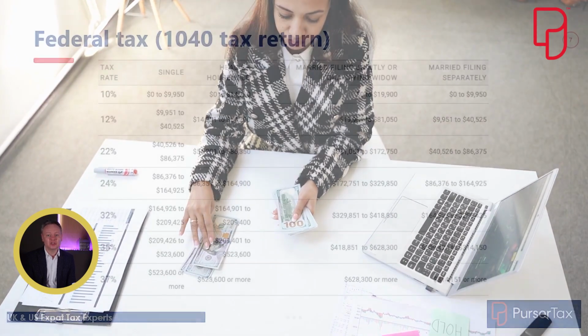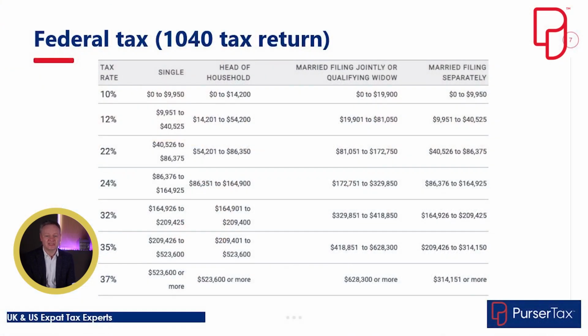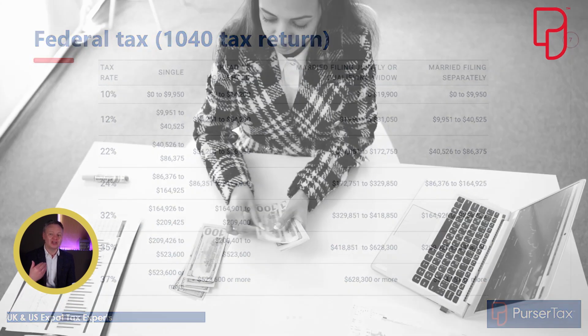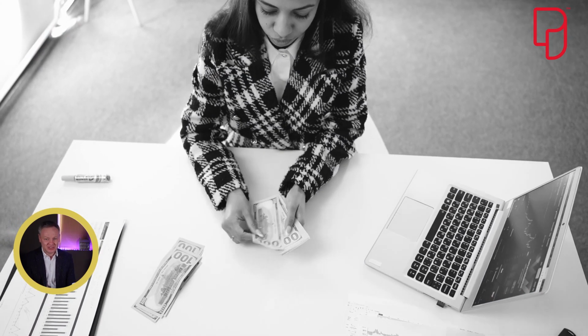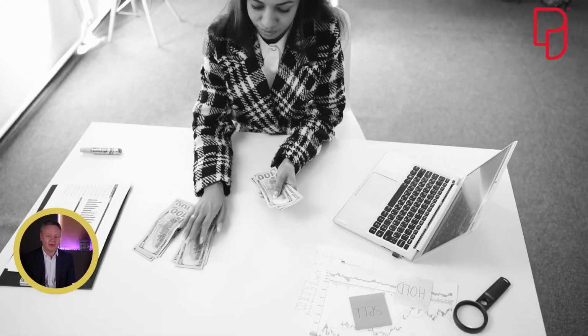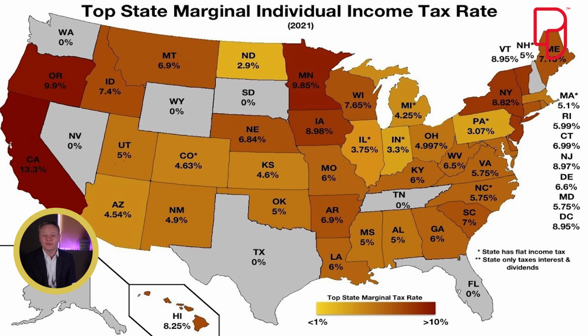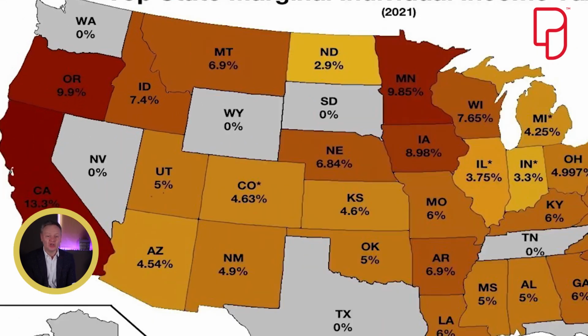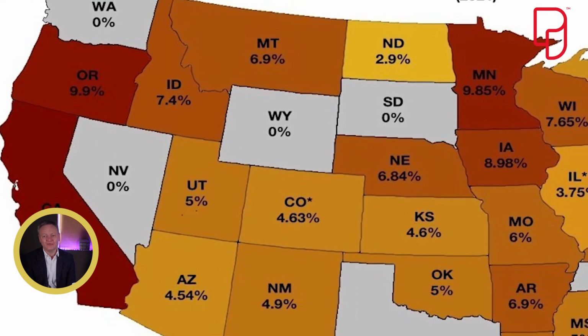Now, in front of you, you should be able to see the IRS tax rates and how much tax you will pay based on your earnings. Very similarly to the UK, the more earnings you have, the more taxes that you pay. Now, when it comes to state tax, you will see that in Florida, for example, you've got one color-coded system versus on the other side you have California.